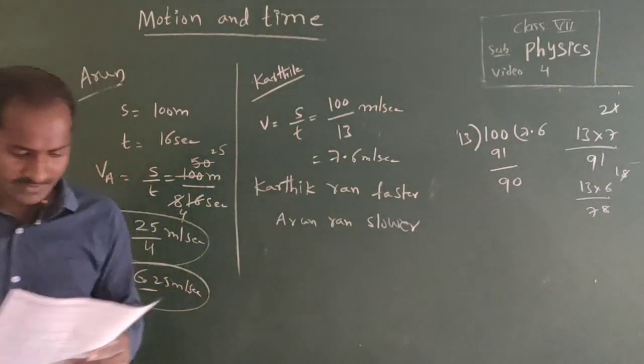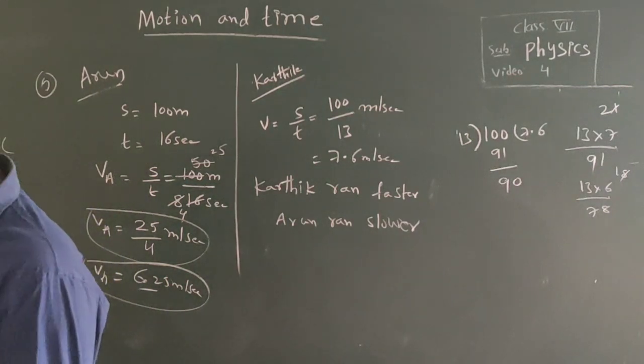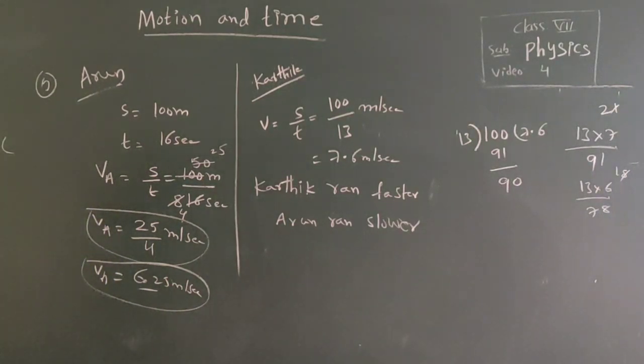Okay, next one, sixth one. A train from Delhi to Hyderabad covers the first distance of 420 kilometers in 7 hours. Next distance is 360 kilometers in 6 hours.